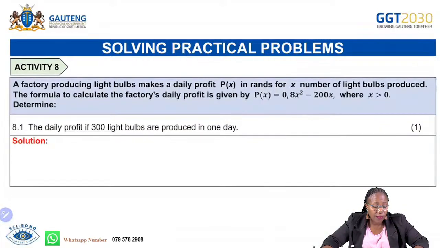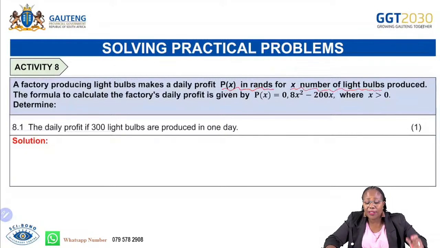And then now, next question 8. A factory producing light bulbs makes a daily profit, P(x), that is the profit made by this factory, and this profit is in rands for the x number of bulbs. That means this factory is making light bulbs. So now they produce x number of light bulbs.